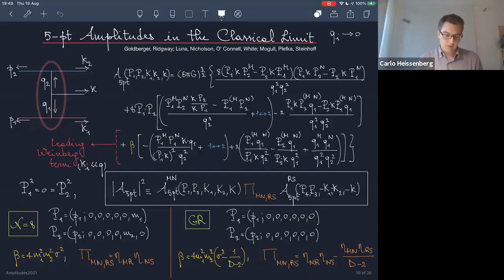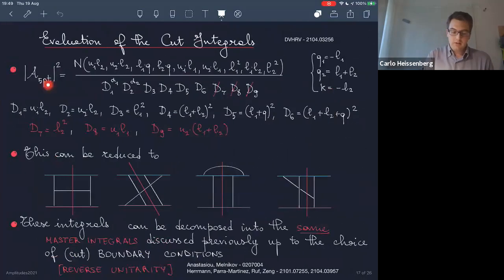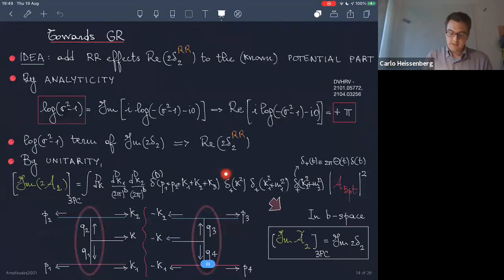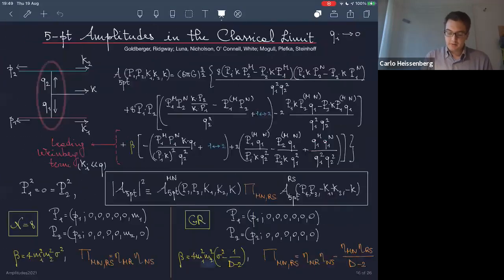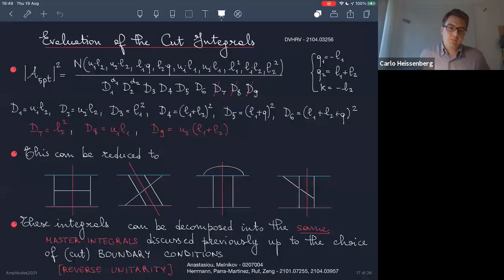This is useful because one can, on the one hand, cross-check everything with the explicit calculation in n equal 8, and on the other hand, also get the GR result. Once one has constructed this object, this square, one of course gets some rational function, and the useful strategy is to treat the delta functions, the phase space delta functions that appeared here, as cut propagators and manipulate them in an algebraic fashion, in a very similar way to the standard propagators.